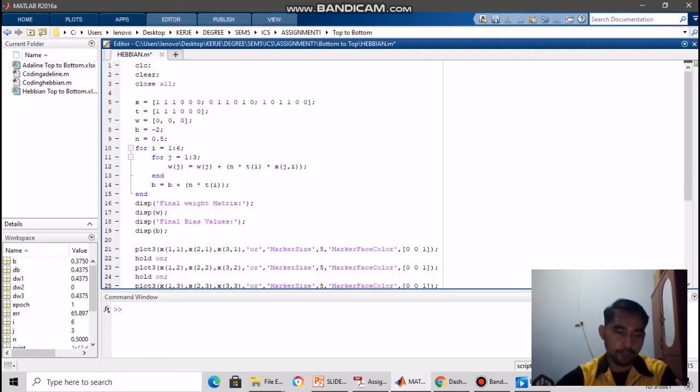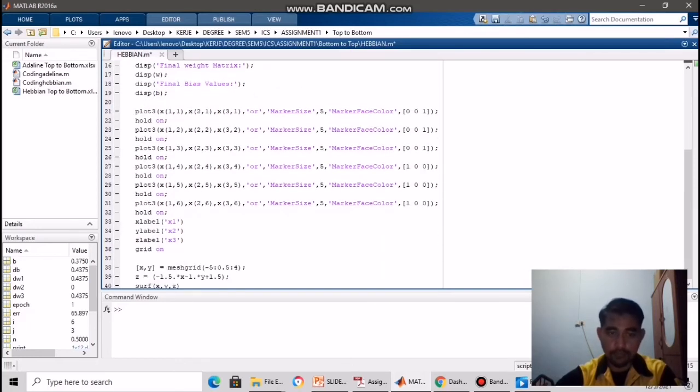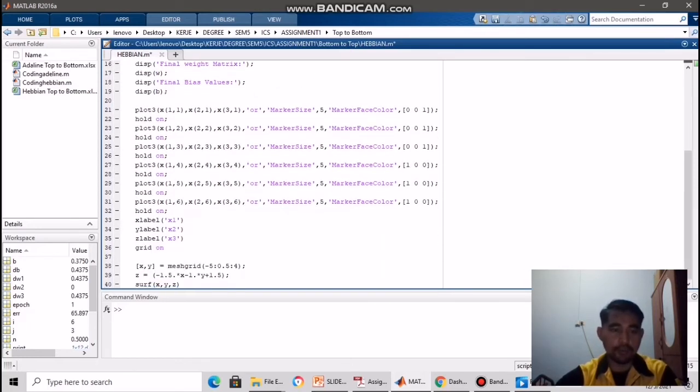Also in the bias part, using the same formula, and overall the formula is also the same, including here. As we can see, the formula here is just the same as the previous Hebbian, the top to bottom sequence.